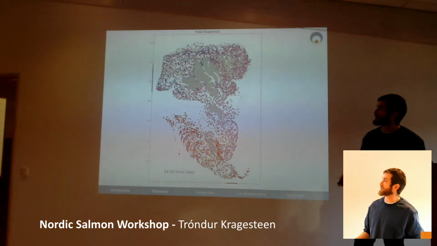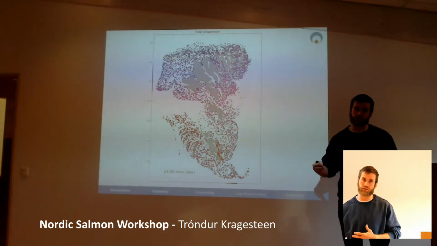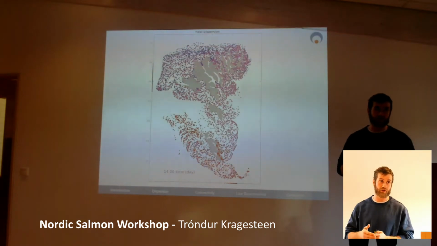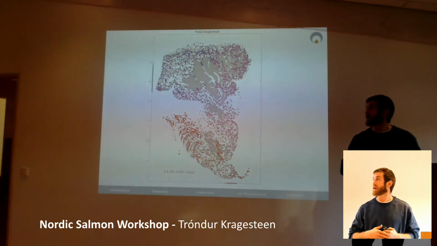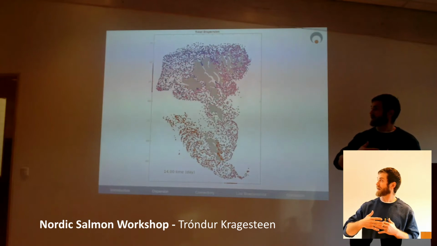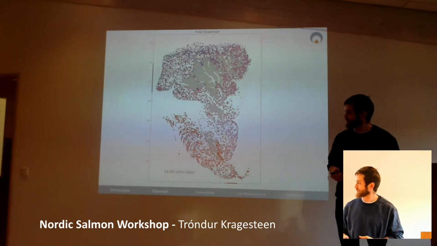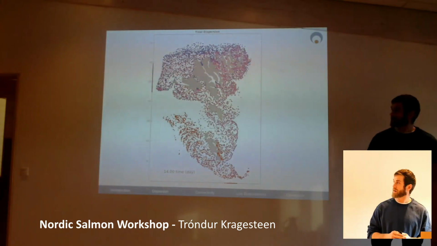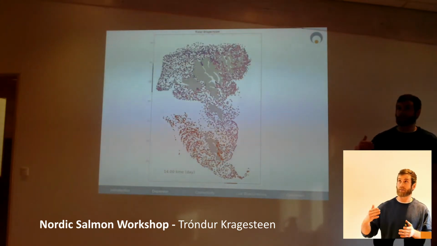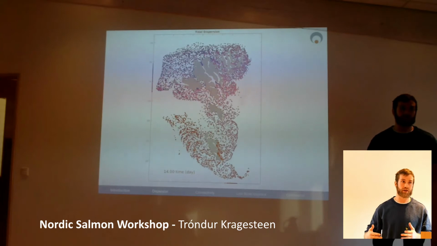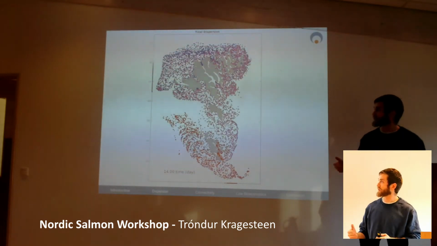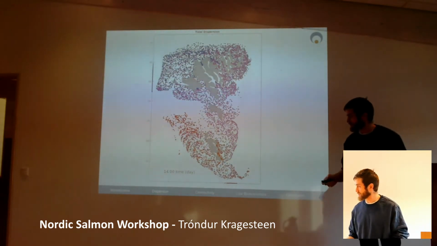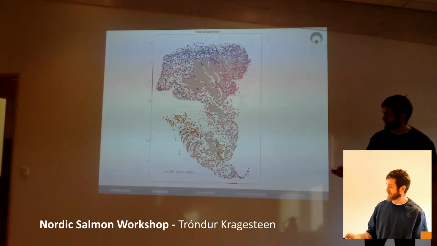To give you a point of reference, in Hardangerfjorden in Norway we found similar results, where particles can disperse up to 100 kilometers, but in for example Scotland, in Loch Linnhe, they only traveled a maximum of 30 kilometers, so how these particles disperse is very determined by local conditions, of course.